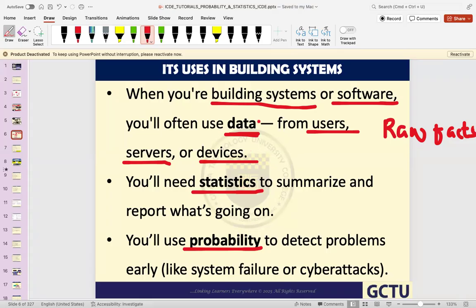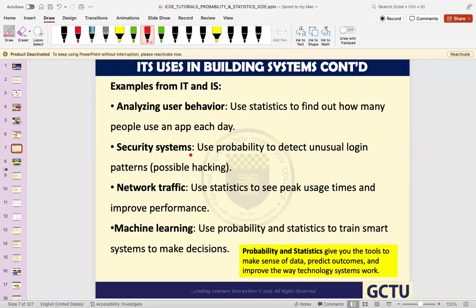Anytime data is used in building some of these systems, statistics and probability will be used as tools. Then it means that in all systems that we build, whether from IT or IS, we do some of these things that help us to understand probability and statistics.